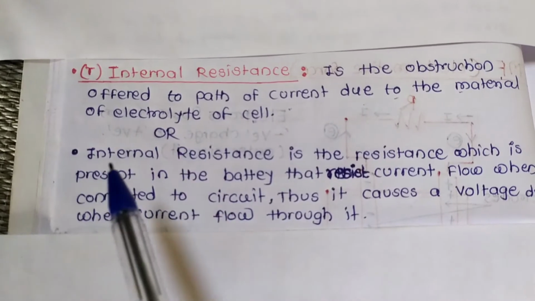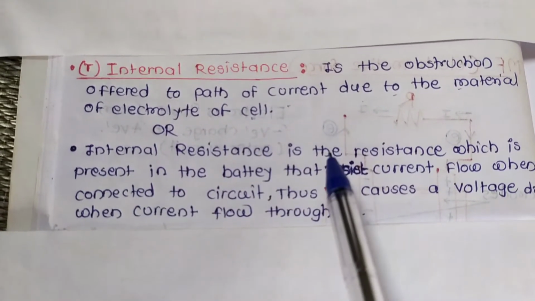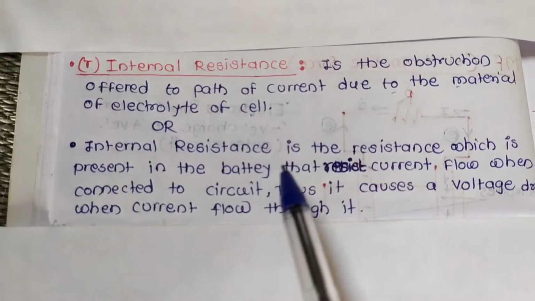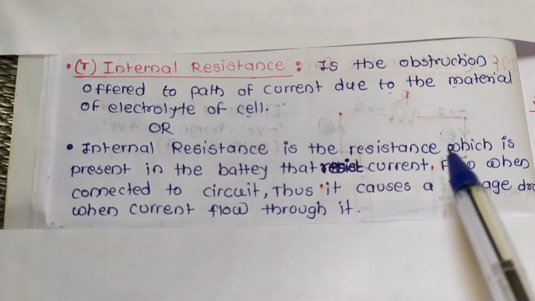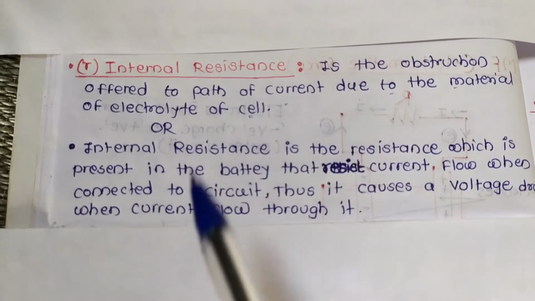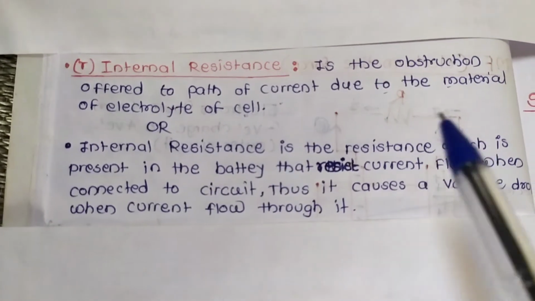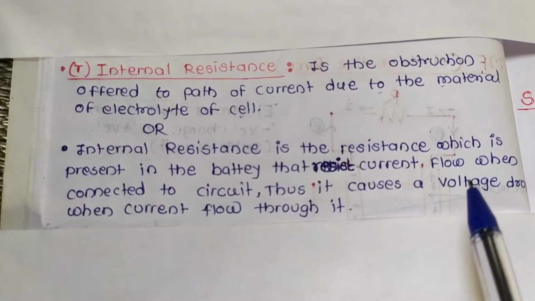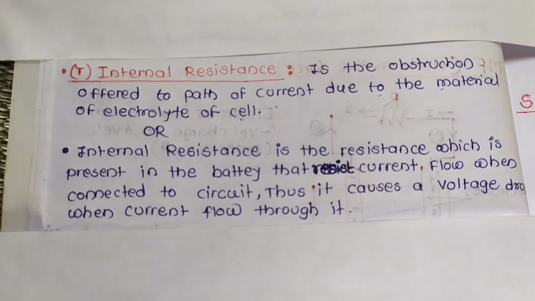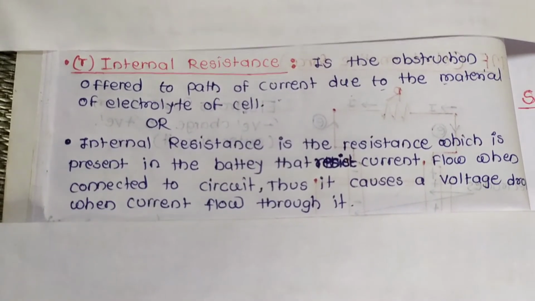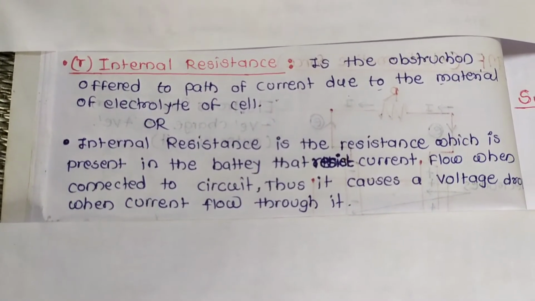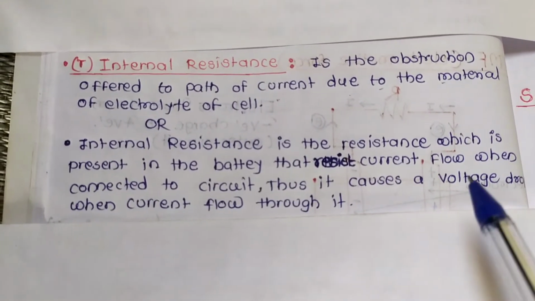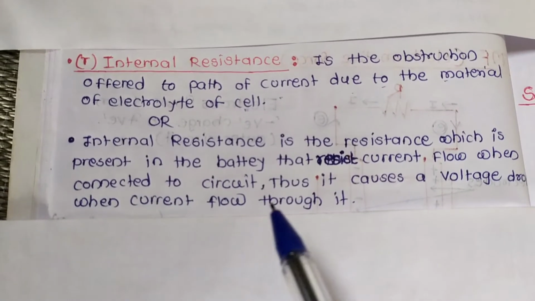Or internal resistance is the resistance present in the battery that resists current flow when connected to a circuit. Thus, it causes a voltage drop. At every resistance, there is a small voltage drop when current flows through it.